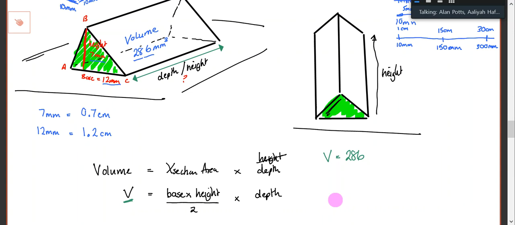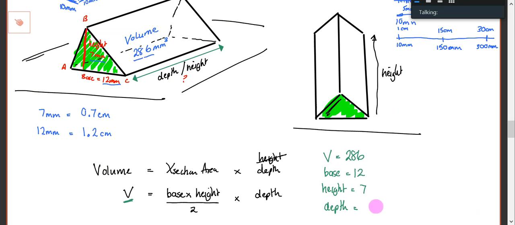Good. Do I have a number for the base? 12, yeah. Do I have a number for the height of the cross section? Yeah. Do I have a number for the depth? No. And is that what I want to work out?